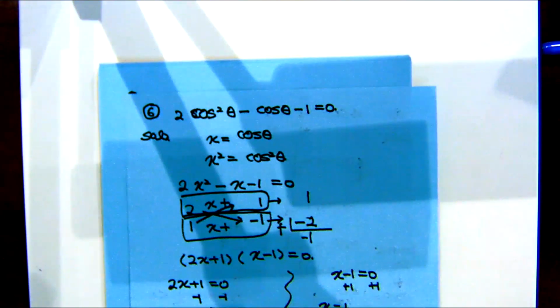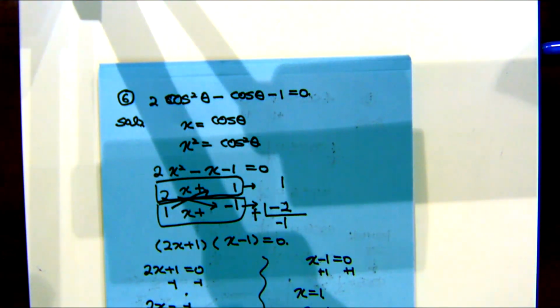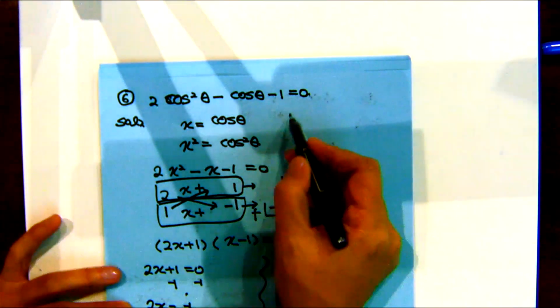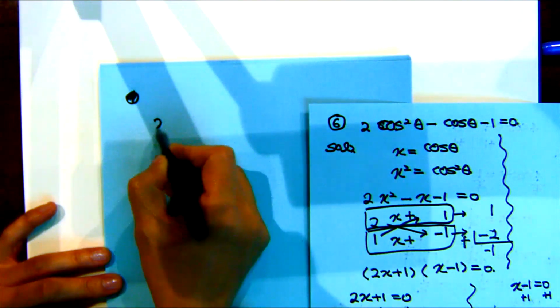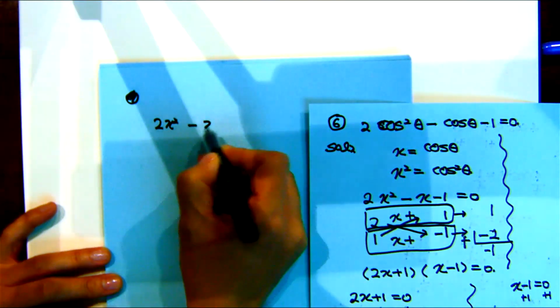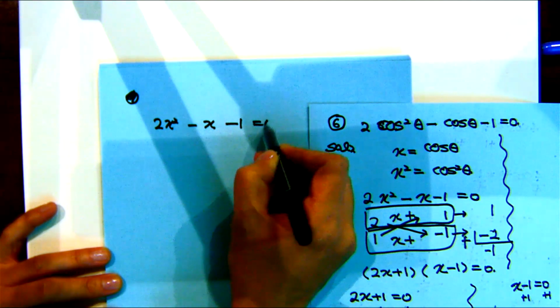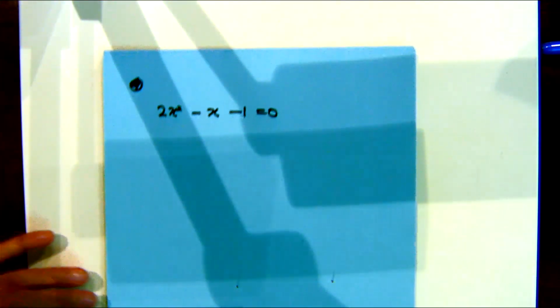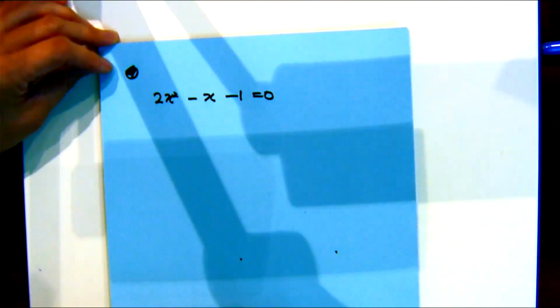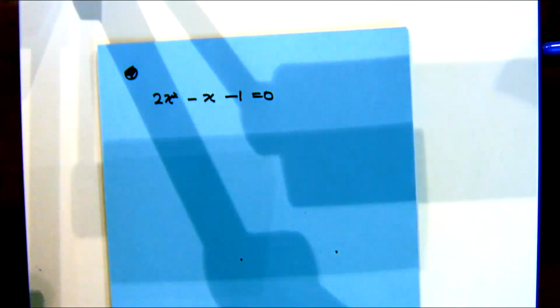So someone asked me about the factoring trick. Let me repeat it again. 2x squared minus x minus 1 equals 0. So what I was saying was you can solve it with any method.